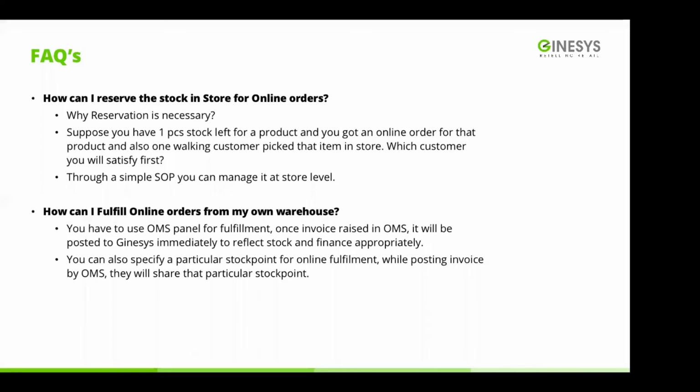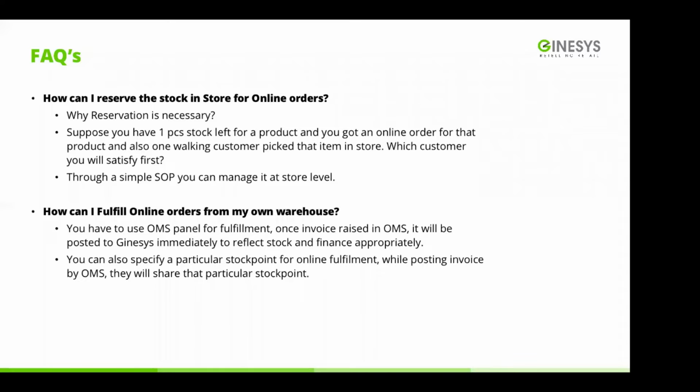How can I fulfill online orders from my own warehouse? You have to use the OMS panel for fulfillment. Once an invoice is raised in OMS, it will be posted to Ginesys immediately to reflect stock and finance appropriately. You can also specify a particular stock point for online fulfillment while posting invoices by OMS. They will share that particular stock point.